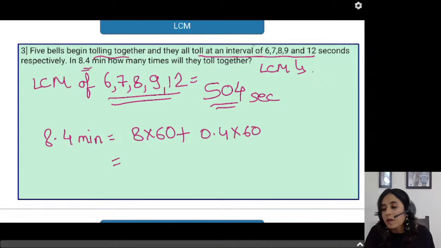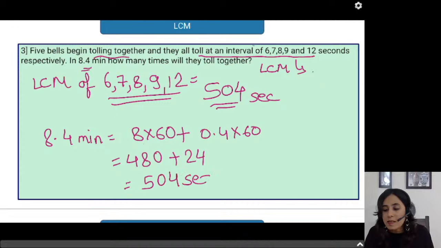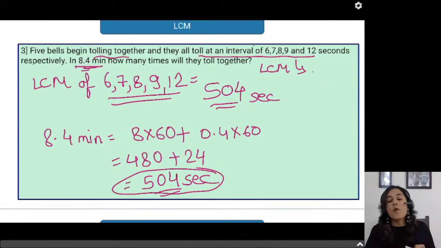So the correct answer is 480 plus 24, which is 504 seconds. So 8.4 minutes is nothing but 504 seconds.